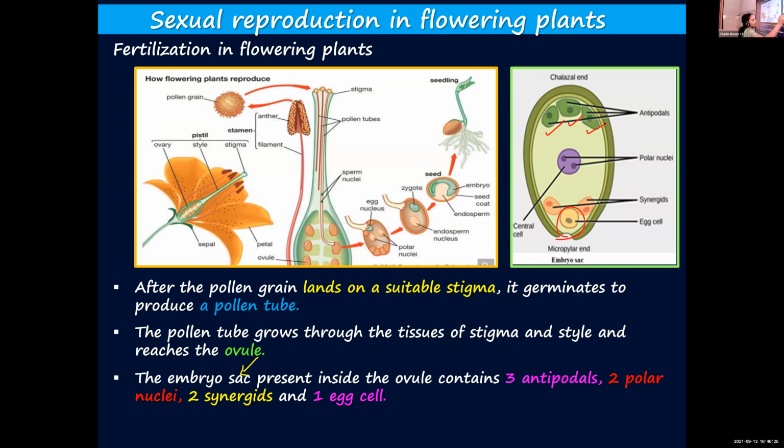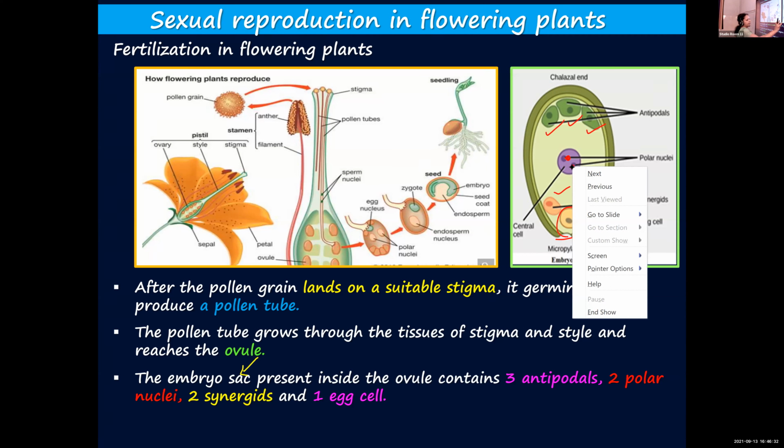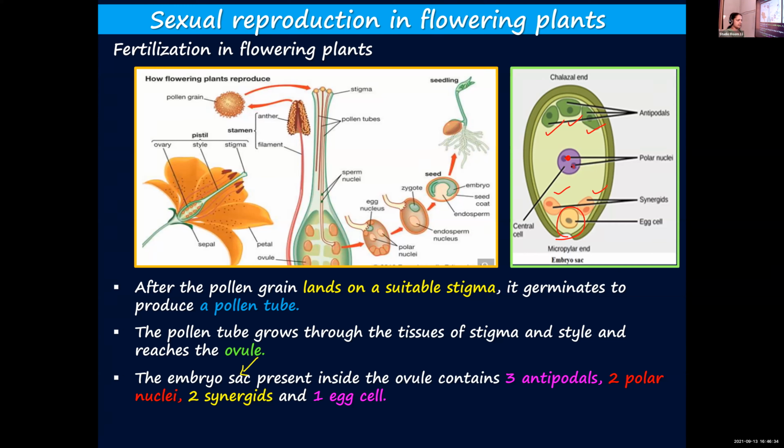3 antipodals, 2 synergids, and 2 polar nuclei at the center. Along with the egg cell, only one female gamete is present inside the embryo sac.